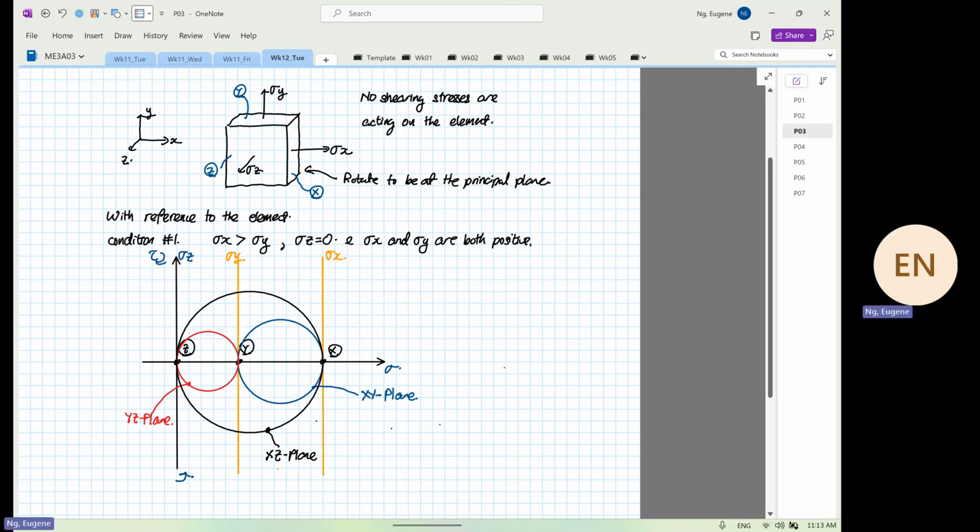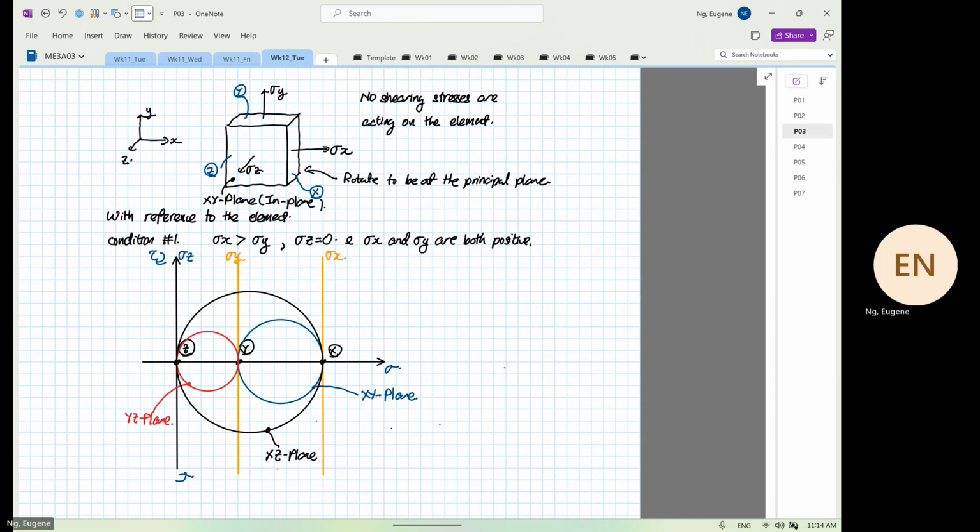Now, if we look at the element, this face over here is our XY plane. And the XY plane is our in plane. It's known as the in plane because it has the biggest surface area.